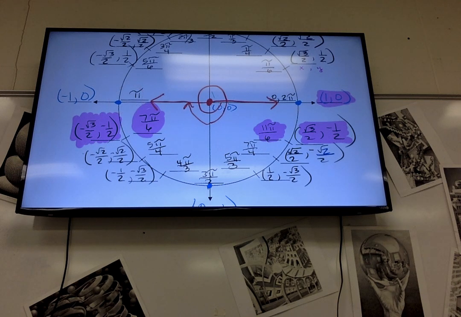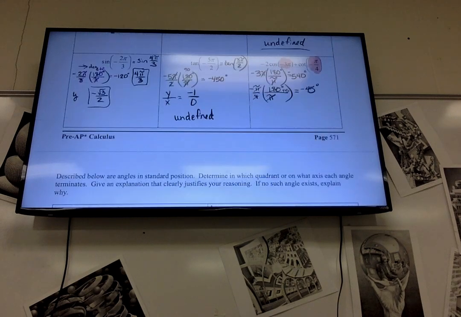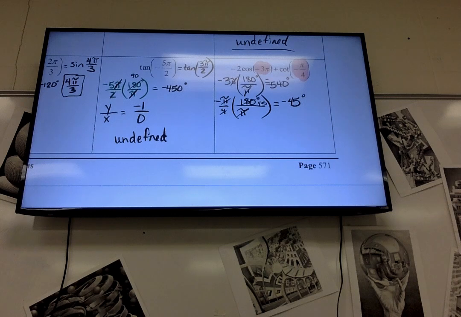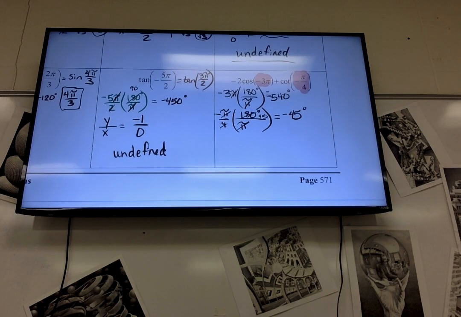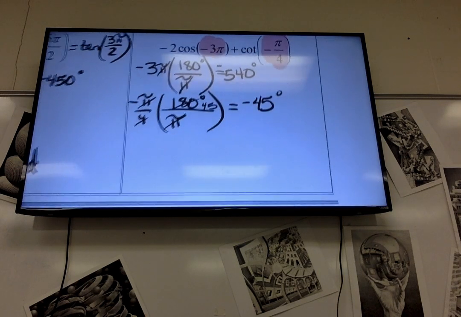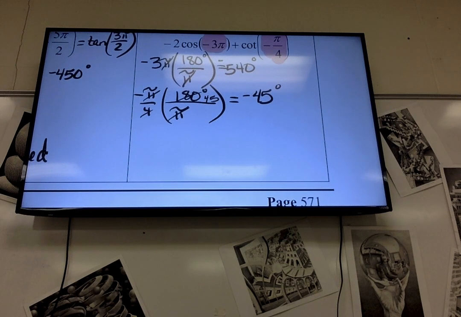So we can go back to our problem. And we have negative 2 times the cosine.